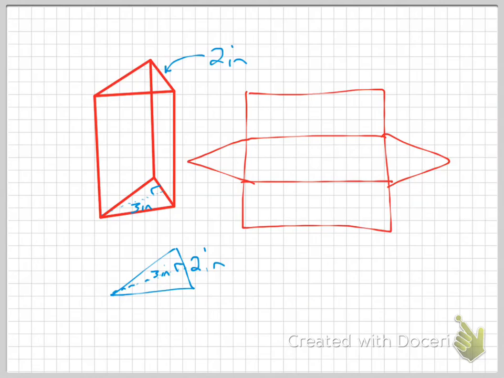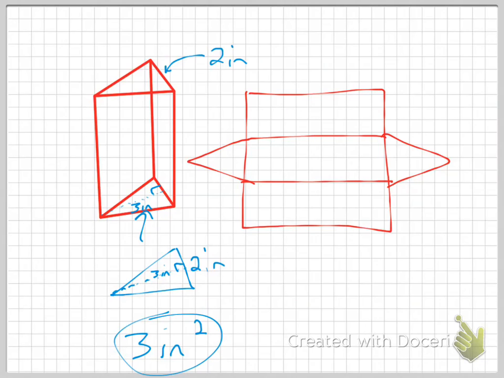What's the height? 3. 2 times 3 is 6, divided by 2 is 3. Then the area of that triangle right there is 3 square inches. That's the bottom. If the area of the bottom is 3 square inches, what's the area of the top? 3 square inches, right?